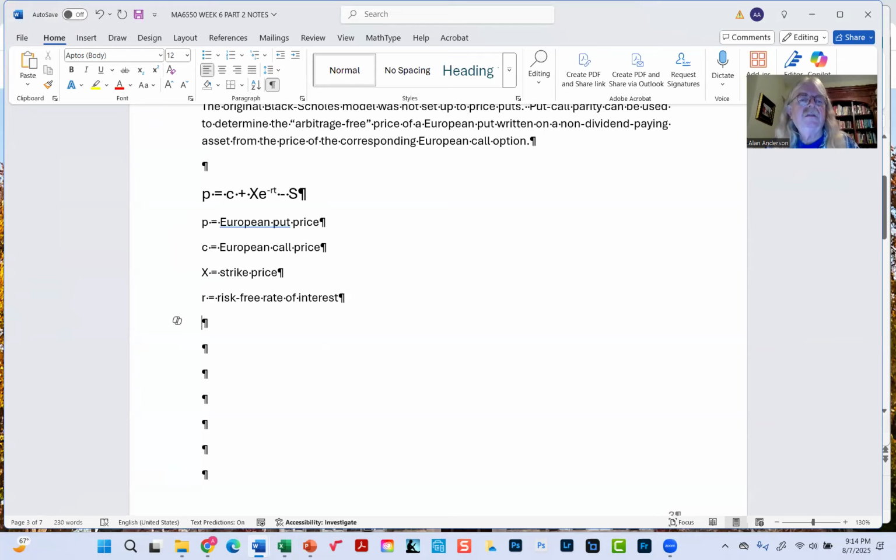E is the constant 2.718, you know that one. And then finally, S is the asset price, which in this case is a stock. Oh, I forgot about T. T is time measured in years.